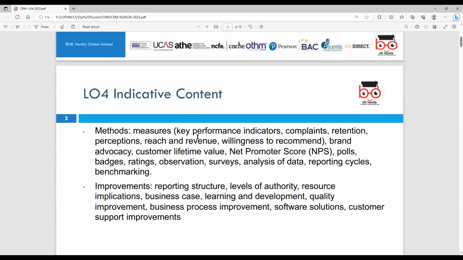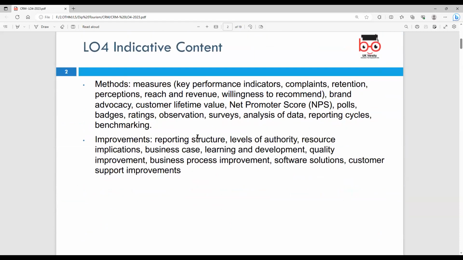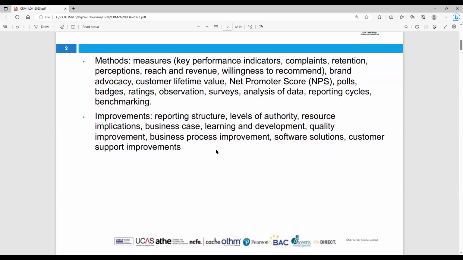Typically it involves different types of surveys, observations or ratings, some kind of data analysis, and standards or benchmarking. For these measures, you need to look at key performance indicators, or KPIs, how to improve those KPIs, and what to do with them.